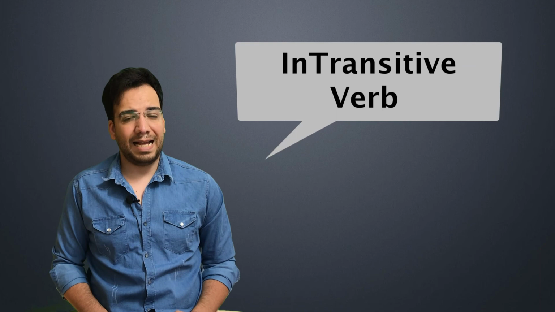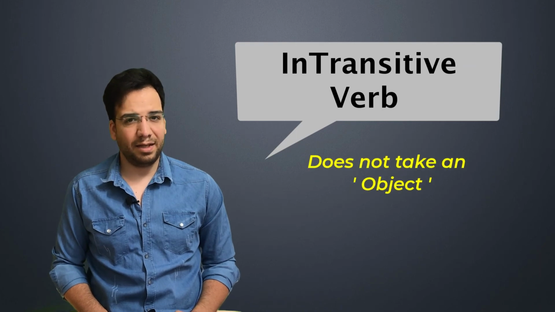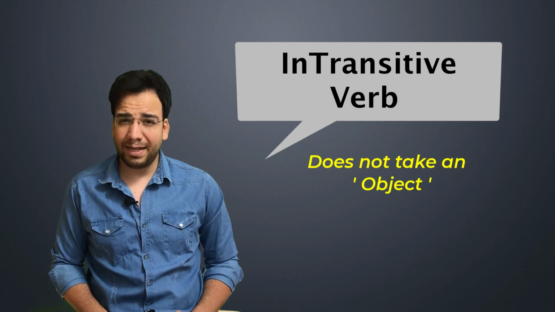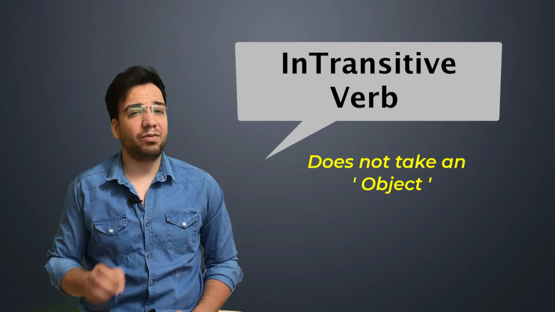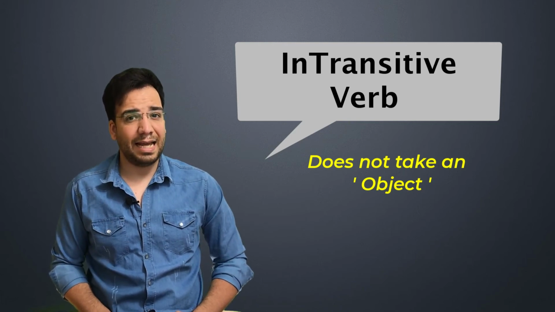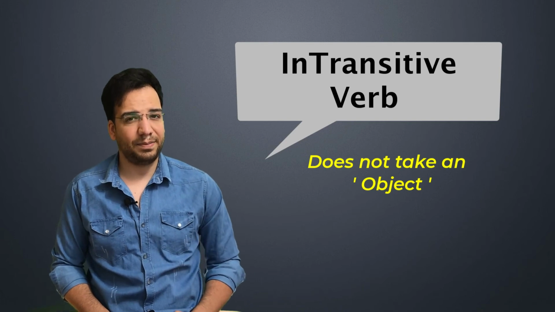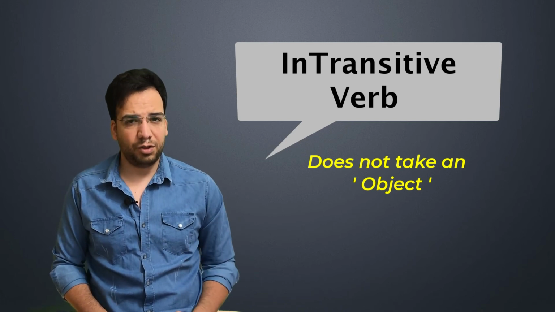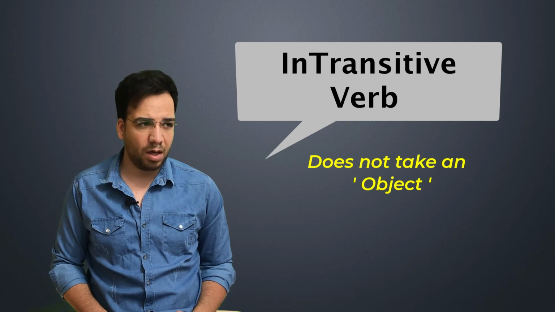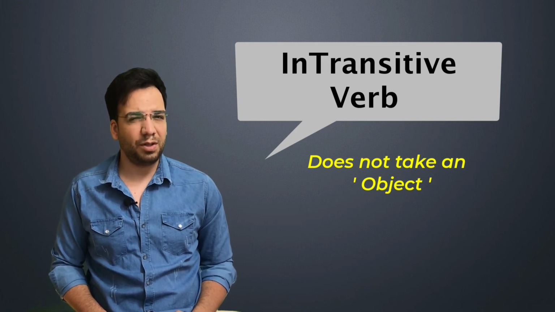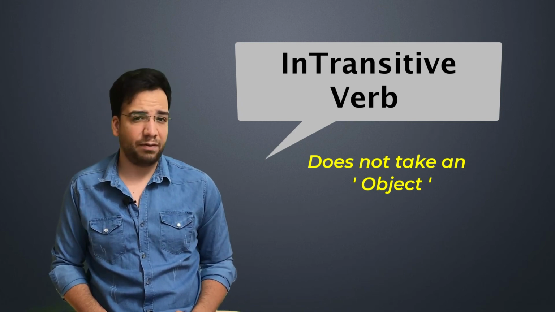And my dear friends, an intransitive verb doesn't take an object. So using an object immediately after an intransitive verb creates an incorrect sentence. However, there may be other information after the verb, such as one or more prepositional phrases or an adverb.